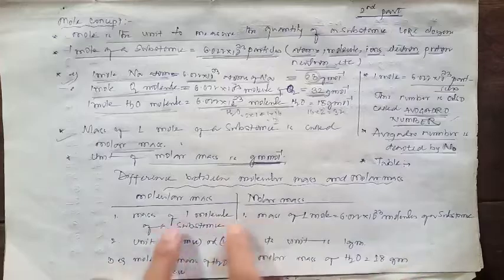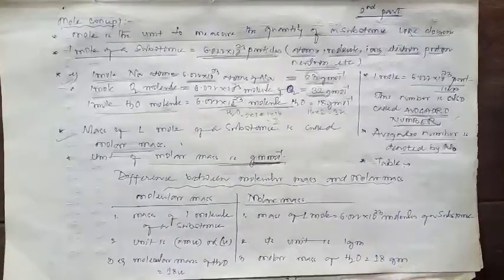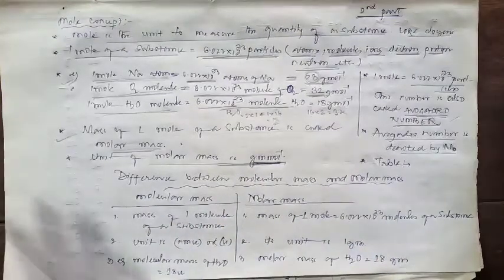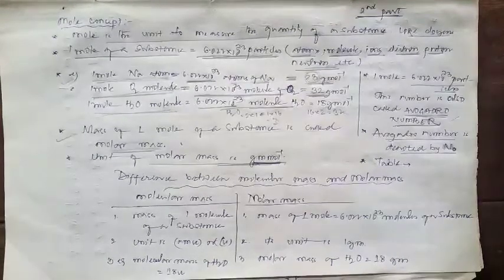Student, you can compare molecular mass and molar mass like this. Let's take 1 dozen pencils. That means you have a collection of 12 pencils. The mass of those 12 pencils is the mass of 1 dozen pencils, which can be compared with the molar mass.